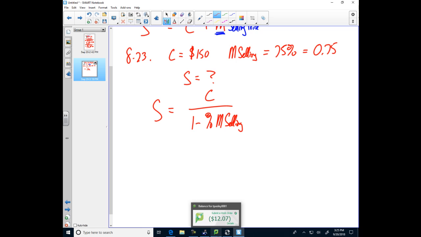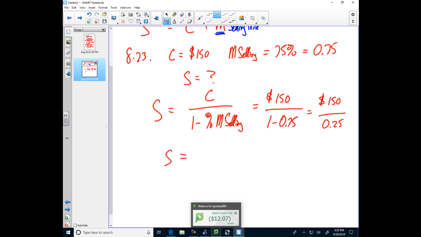So let's see what we got here. If we put $150 there, and then 1 minus 0.75, so we're going to have 150 divided by 0.25, aren't we?